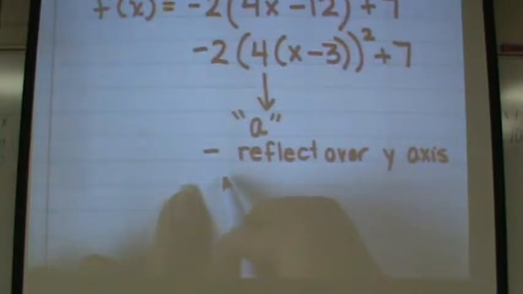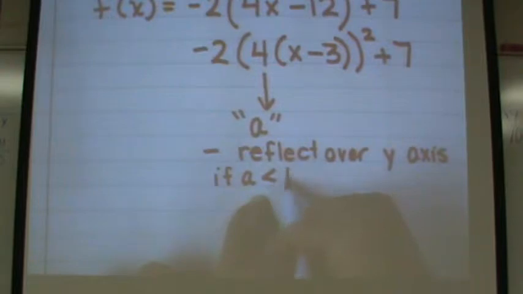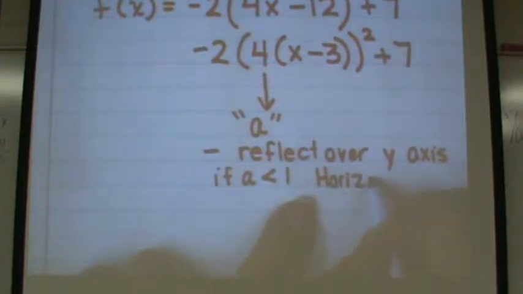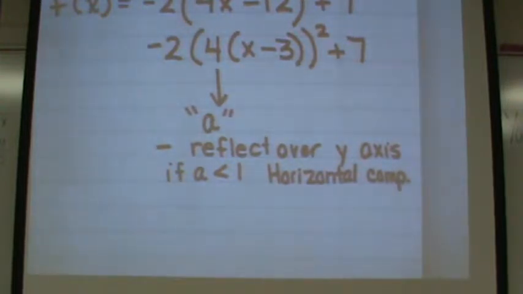Okay, so what is 1 over 4? 1/4. So if A is less than 1 after you flip it, you're going to say it's a horizontal compression. I'm going to run out of room, so I'm going to abbreviate, horizontal compression.